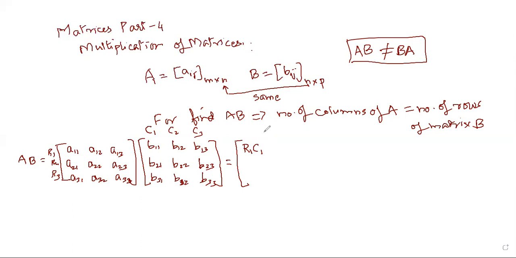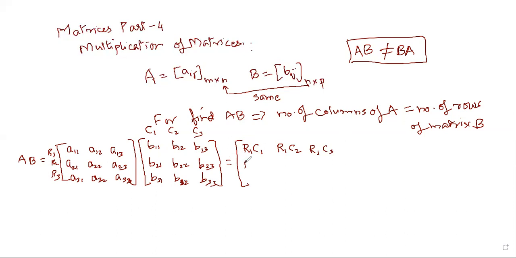R1 will multiply with column C1. Then the first row will multiply with the second column of the second matrix, and then the first row will multiply with the third column. Okay, it will give the first row.